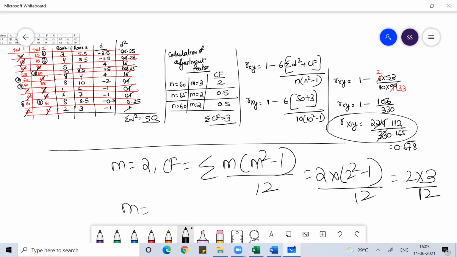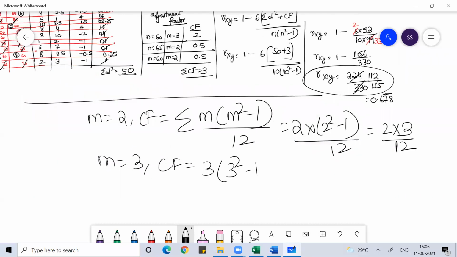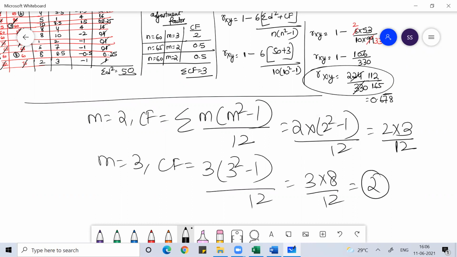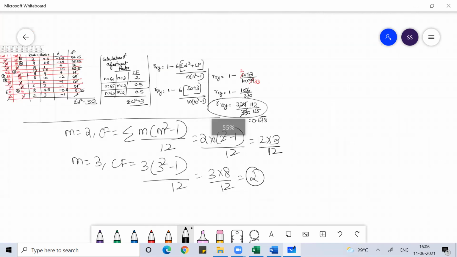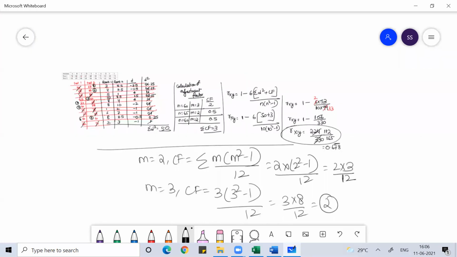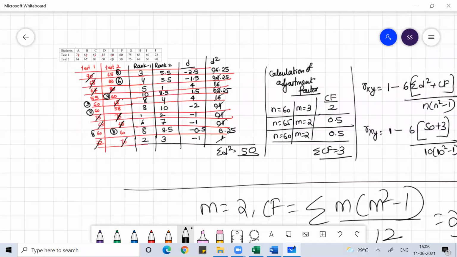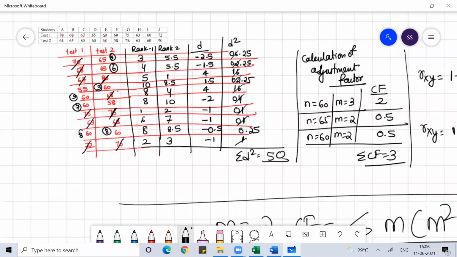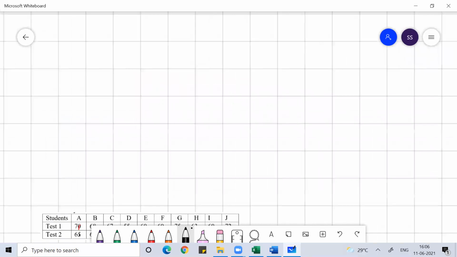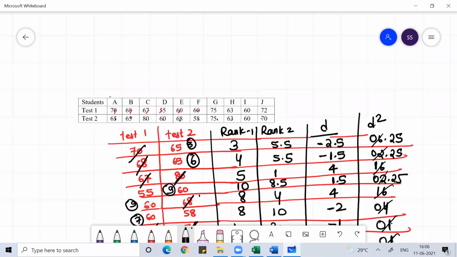And if your m is 3, then your correction factor is 3 into 3 square minus 1 by 12, which is 3 into 8 by 12, that is 2. Anyone, any confusion?